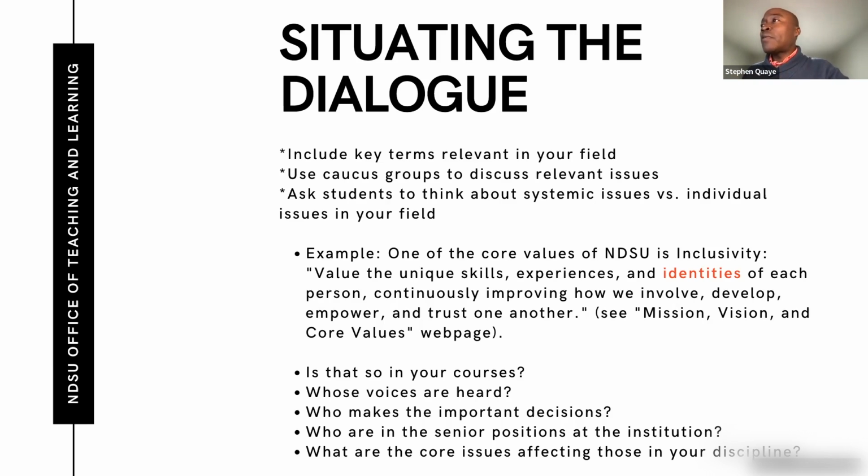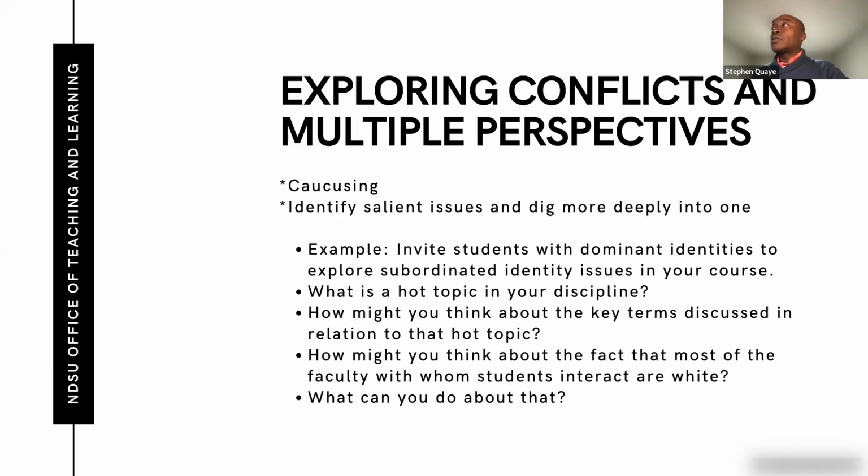You also might spend about 4 or 5 weeks on stage two before you get to this point around exploring conflicts and multiple perspectives. Now you've built some trust with the group. You've also done some time caucusing, and you've explored the key terms in your discipline. So now you're going to take some more time to dig into those issues that might create some tension or conflict, right? Some topics right now that are really important in our society: there are cases at the Supreme Court around affirmative action, which comes up every few years.